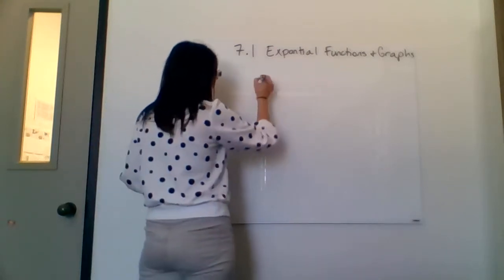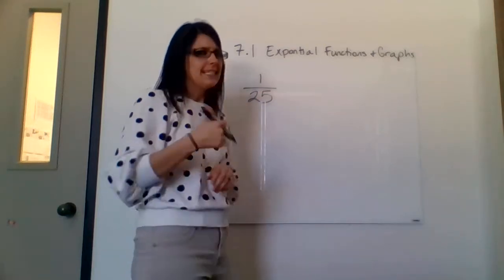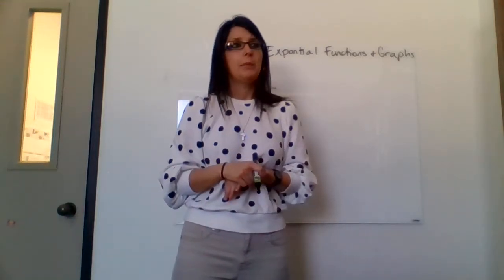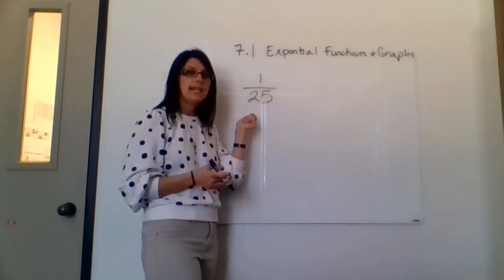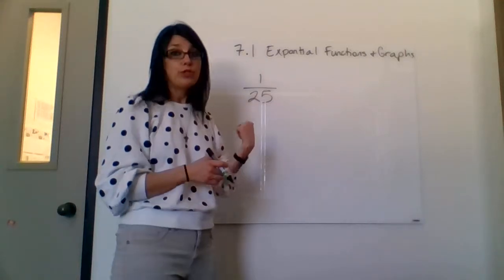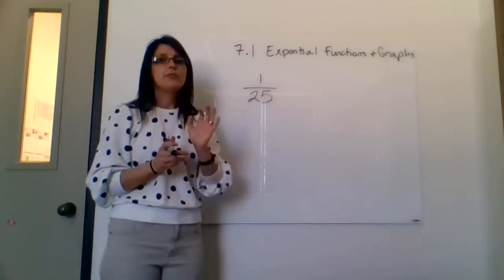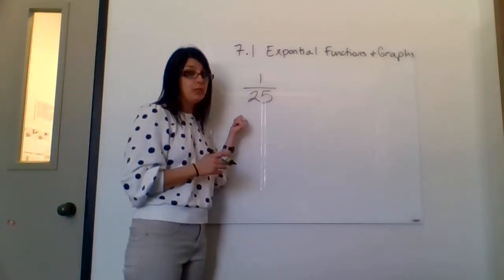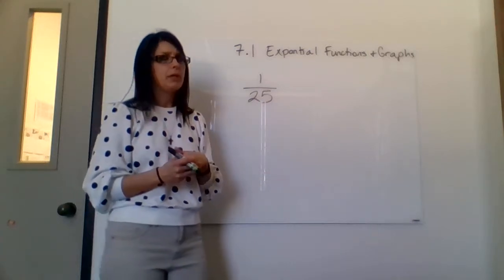Let's say I have a base of 1 over 25, and it's equal to 5 to some power. I'd want to rewrite this exponential expression with a base of 5 without changing the value. So what do I raise 5 to the power of that would give me 25? The answer is 2. 5 squared gives me 25.